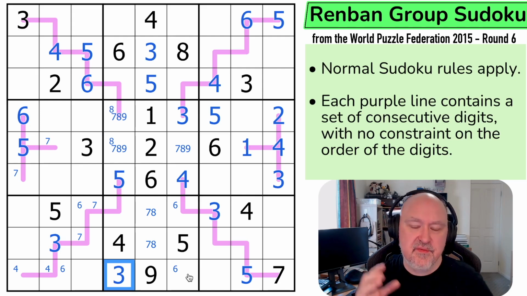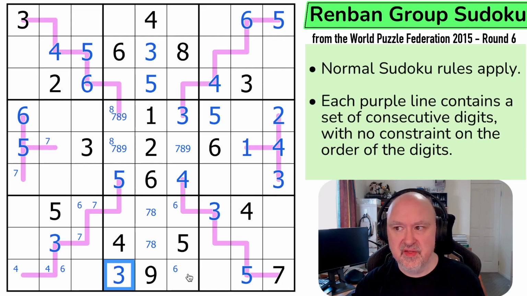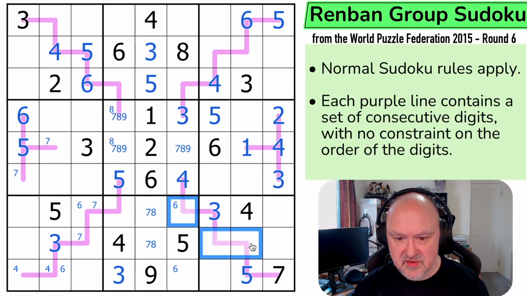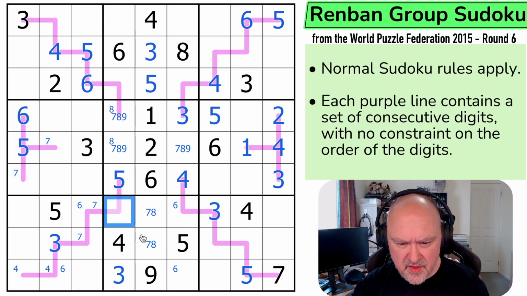If I force a 2 onto the line, then I can't put a 9 onto the line. If I force a 9 onto the line, I can't put a 1 or a 2 on the line. I still need to figure that out. There's still a 6 on this line somewhere in one of those 2. What are these? These are 1, 2, and 6.